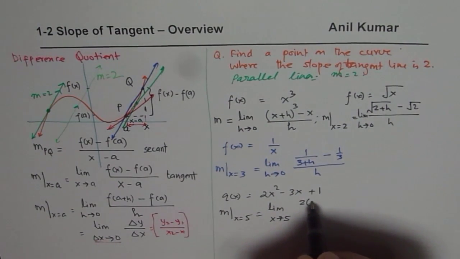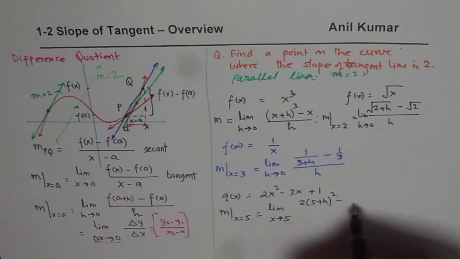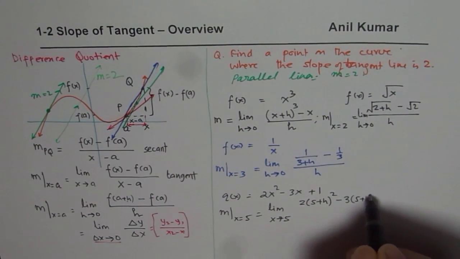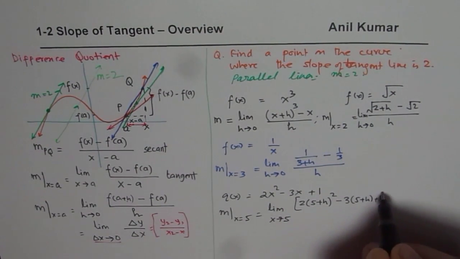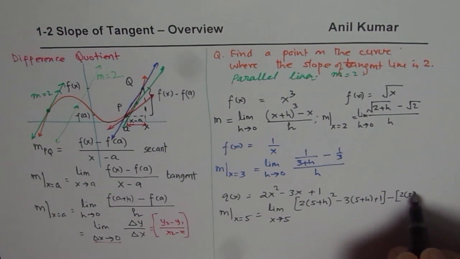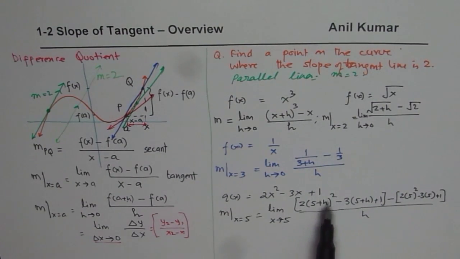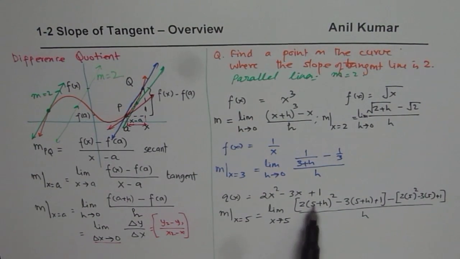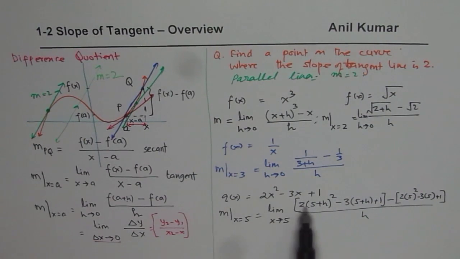So we write 2 times 5 plus h whole squared minus 3 times 5 plus h plus 1, that is f of x plus h, minus f at 5, which is 2 times 5 squared minus 3 times 5 plus 1, all divided by h. That will give you the slope on this parabola at x equals 5. Once you solve, you'll find that h normally cancels out, and then you plug in 5 and get your result. So likewise, we did a lot of examples where we could find the slope.